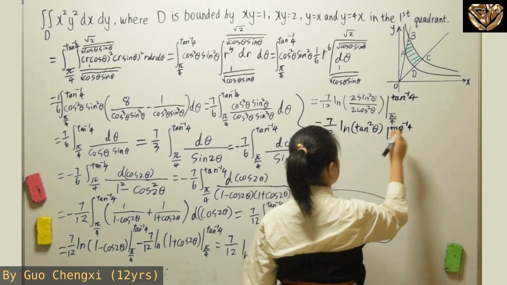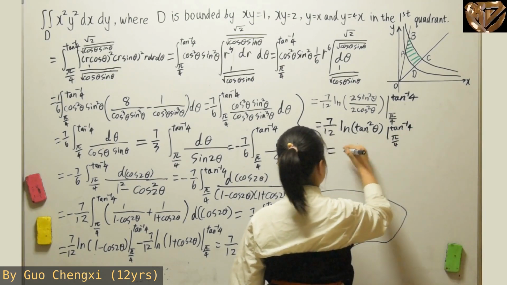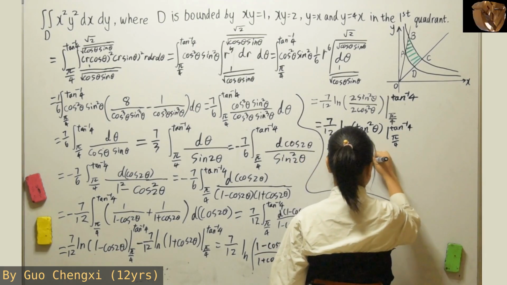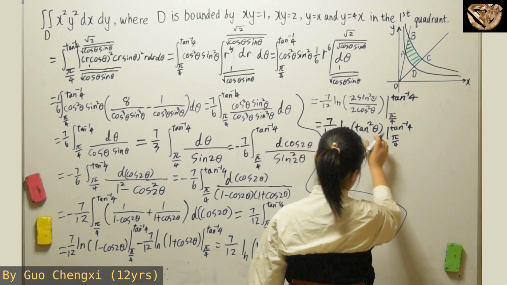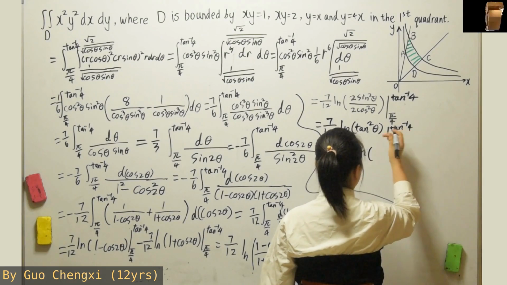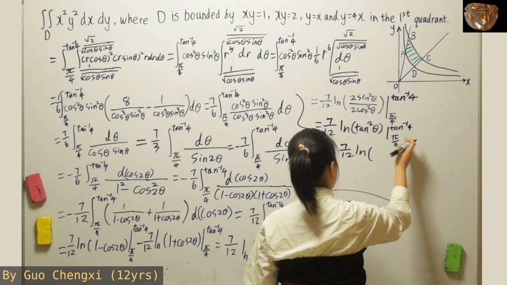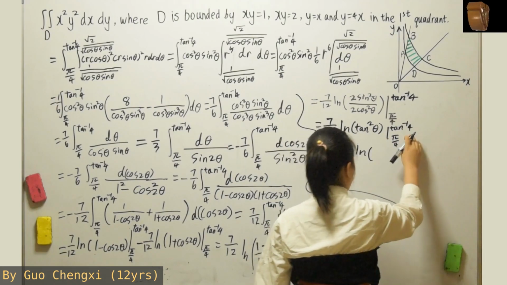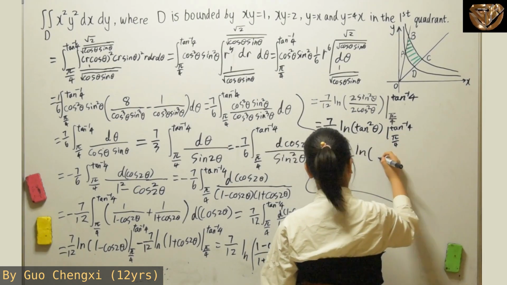Over here for this part, we can substitute the boundary inside. For the first part, the tangent and inverse tangent will cancel each other out, and here we'll have 4, right?